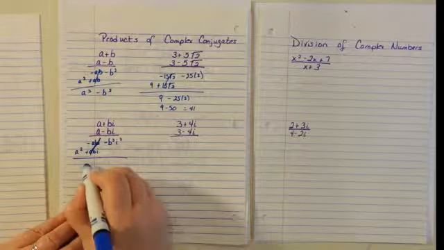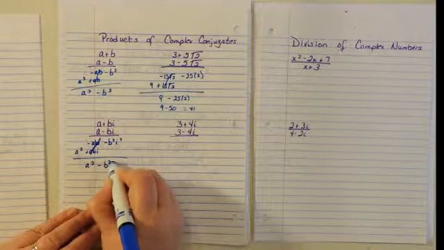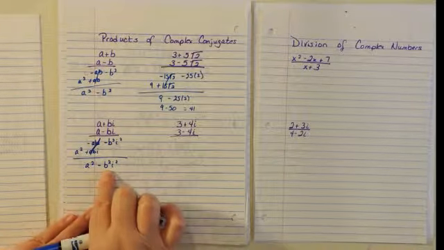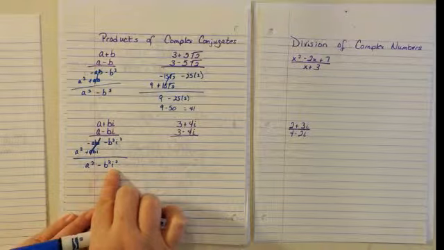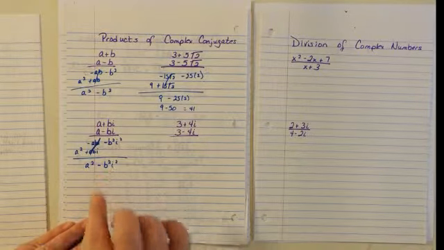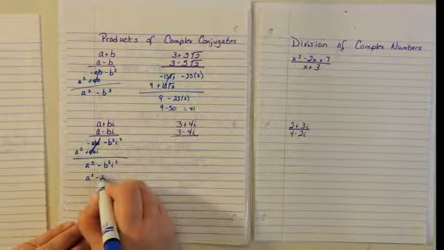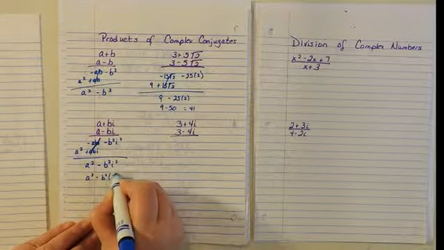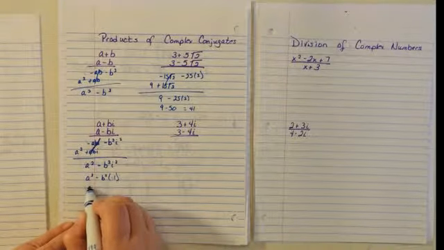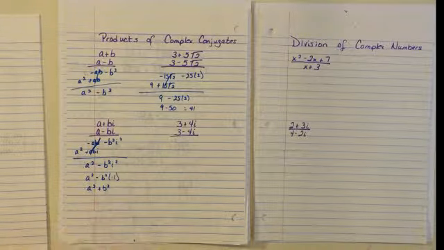This cancels, and we've got a squared minus b squared i squared. Now when we simplify this, we know that i squared equals -1, right? Because i is the square root of -1. So this is going to be the same as a squared minus b squared times -1, which equals a squared plus b squared, the sum of two squares.